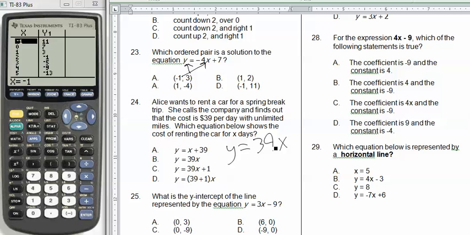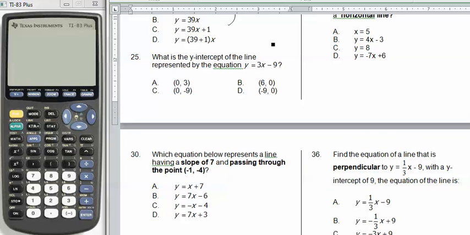So what is the y-intercept of the line represented by the equation y equals 3x minus 9? So again, y equals mx plus b. M is the slope, b is the y-intercept. So this would be the value here. So it's -9. Now, how do you decide which one of those is the y-intercept?